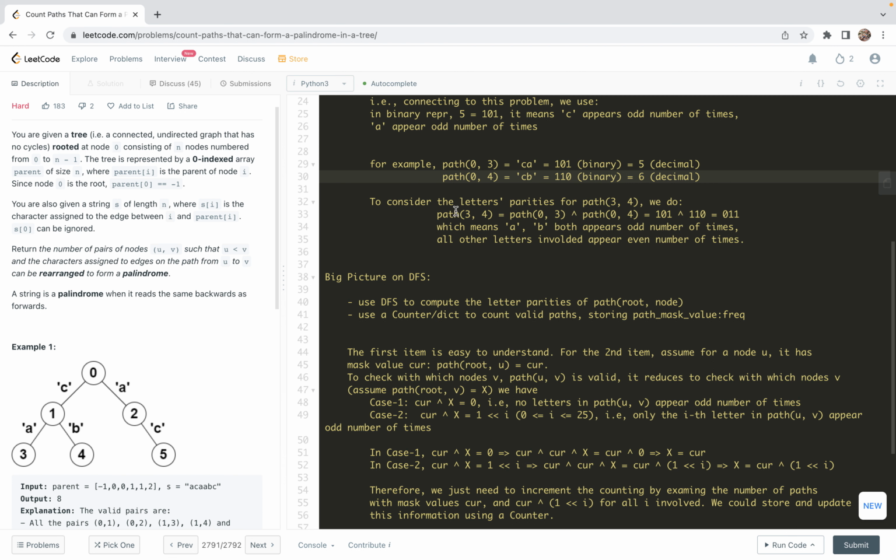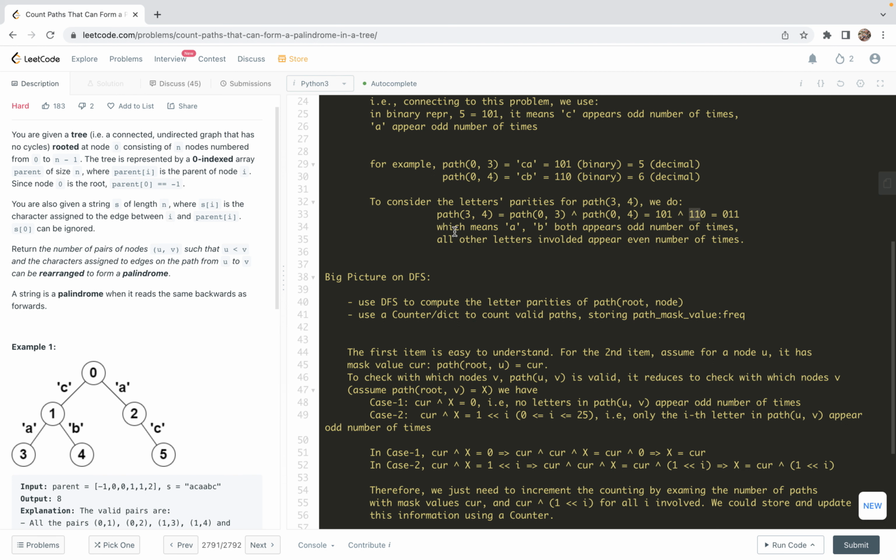So to consider the letters parities for path 3 to 4, we do the following, right? We just count this one, and then do this exclusive OR with this one. So here we have 1, 0, 1, for 5, and 1, 1, 0 for 6. So here in the third bit position, 2 ones, so result 0. In the second one, they have 0 and 1, we result 1. In the last one, we have 1 and 0, result 1.